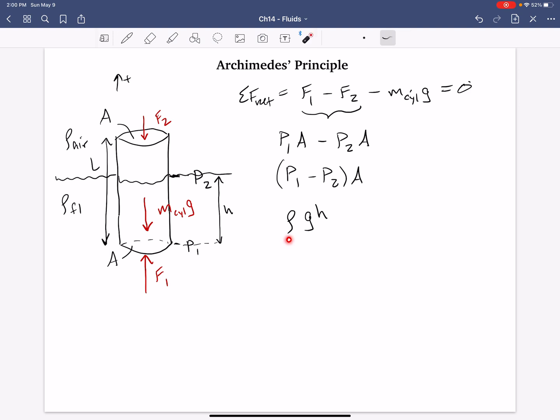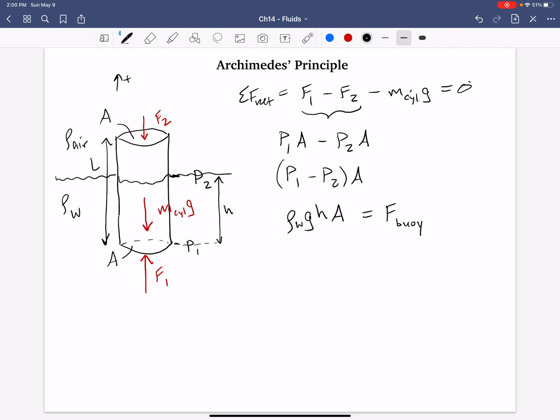Well, it's the density of the fluid between those two points. Actually, since both air and water are fluids, this might not be the best nomenclature, so we can put that as water. So that's the density of water times g times h, and then times the area. And this is known as the buoyant force.